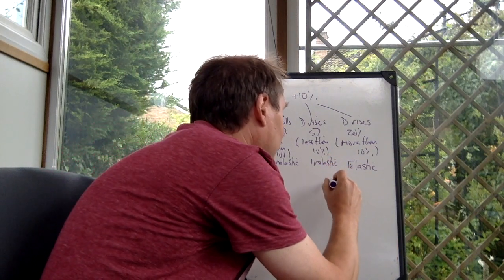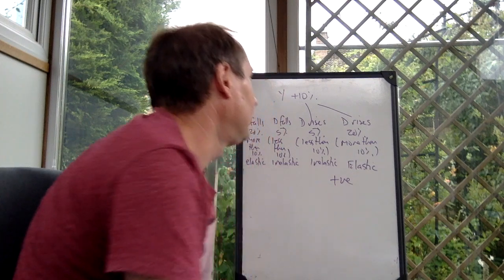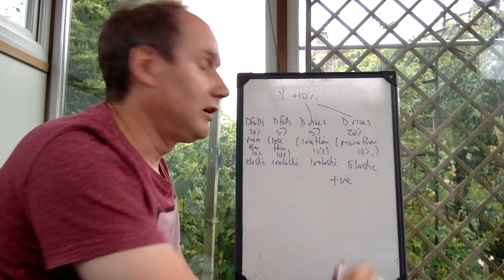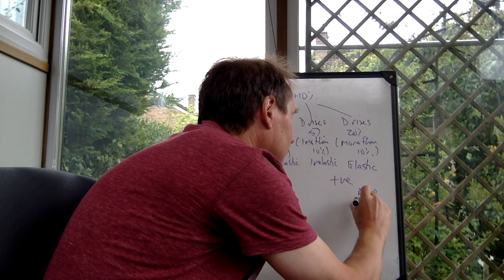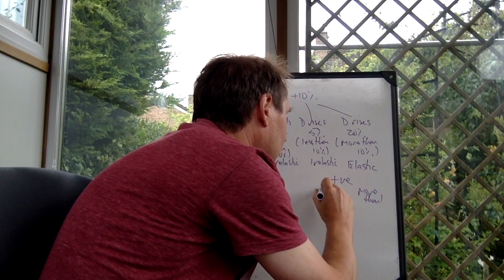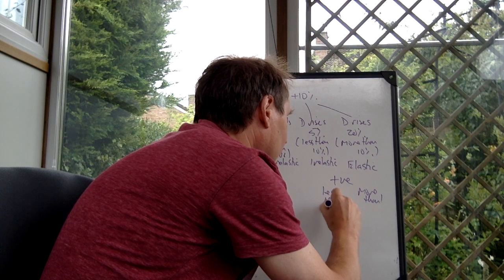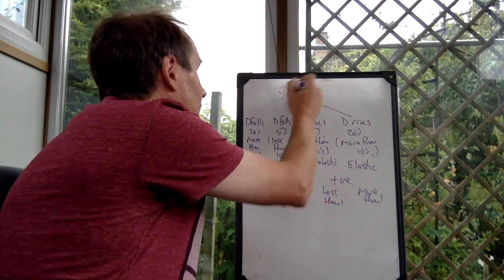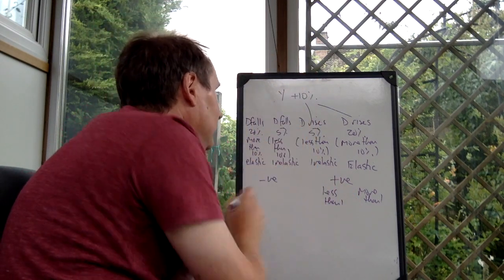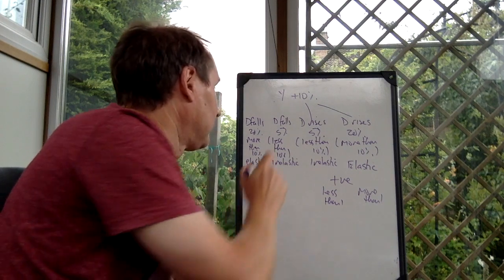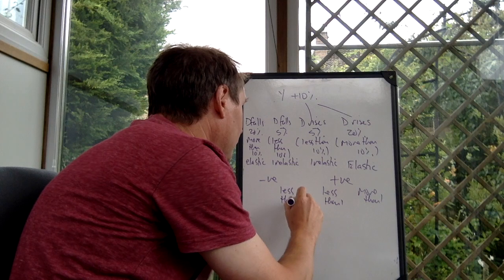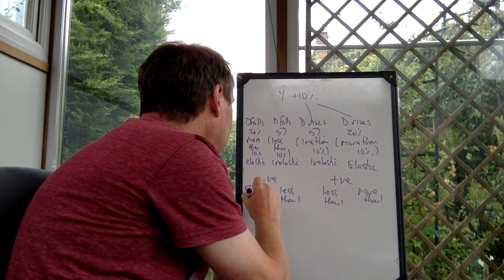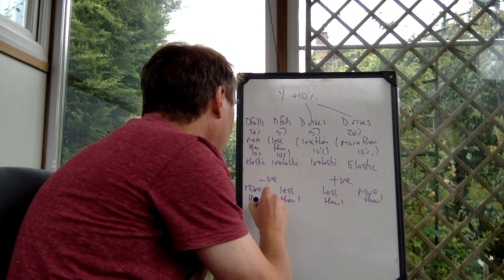So here we have positive income elasticity of demand. Here it's going to be more than 1, and here it's going to be less than 1. Here, income rises, demand falls, so we have negative income elasticity of demand. Here it's less than proportional, so that formula would be less than 1, and here it would be more than 1.